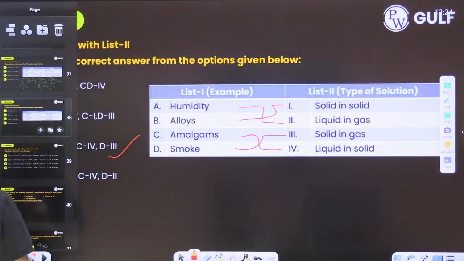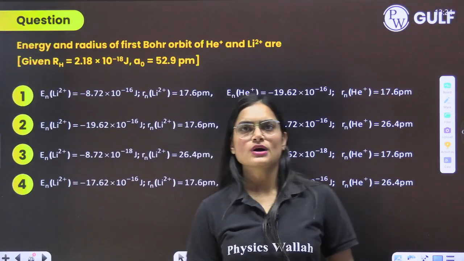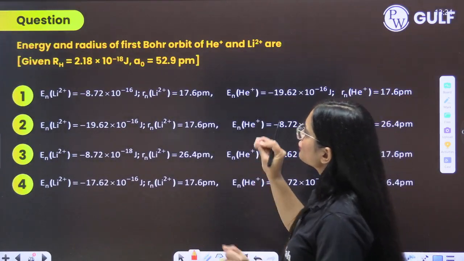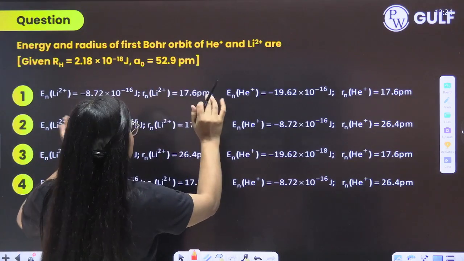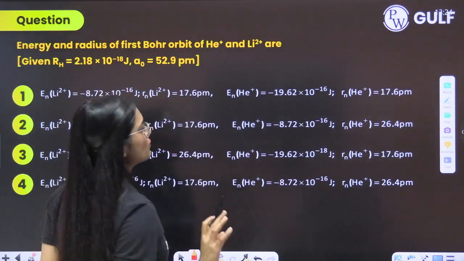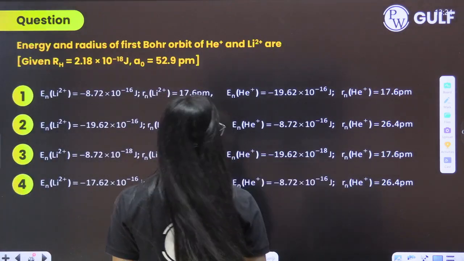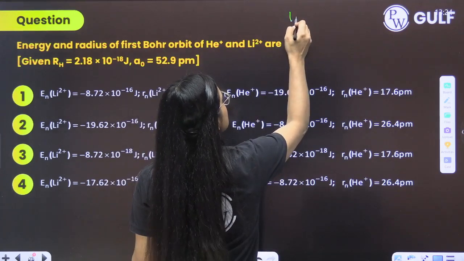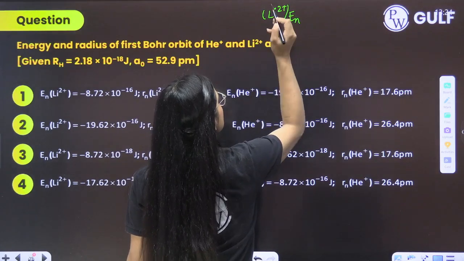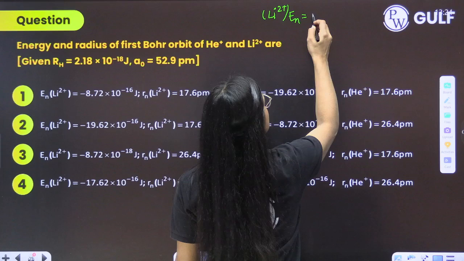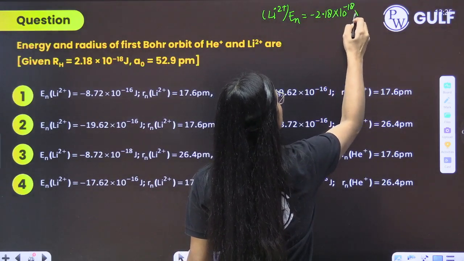Next one. Energy and radius of first Bohr orbit of He plus and Li plus 2 ion are. Beta, you very well know the formula to find out. Let's calculate energy of Li plus 2 and let's calculate radius of Li plus 2. Energy, if you want to find out for Li plus 2, which is a hydrogen-like species, the formula is minus 2.18 into 10 to the power minus 18 Z square by N square.